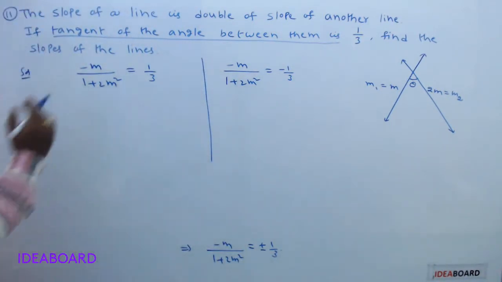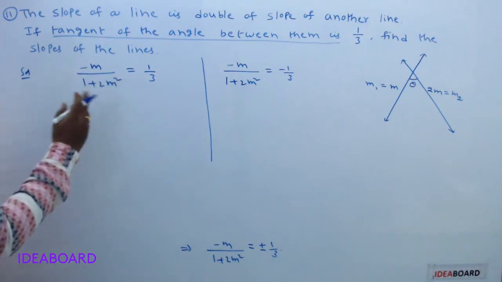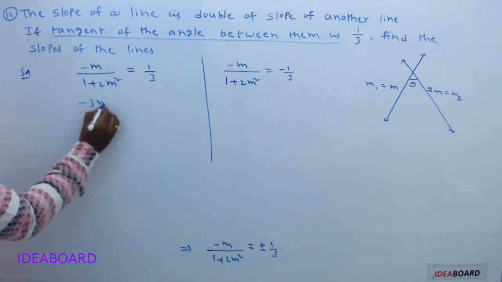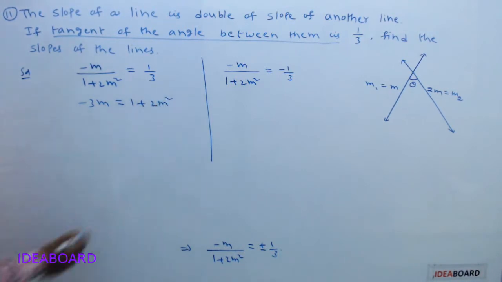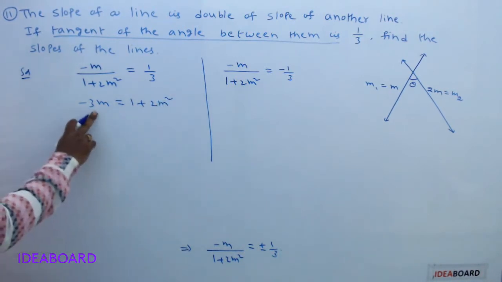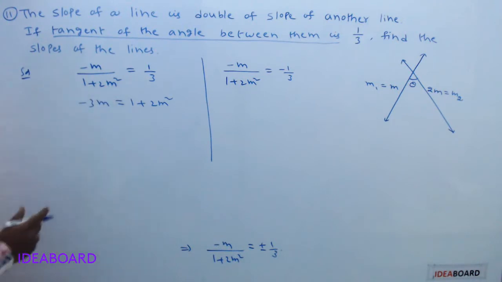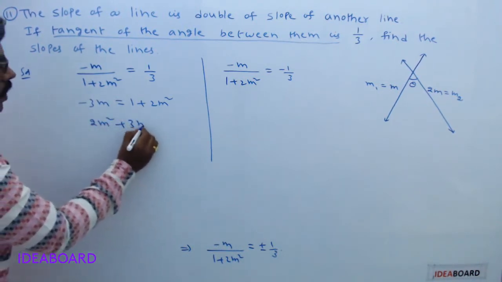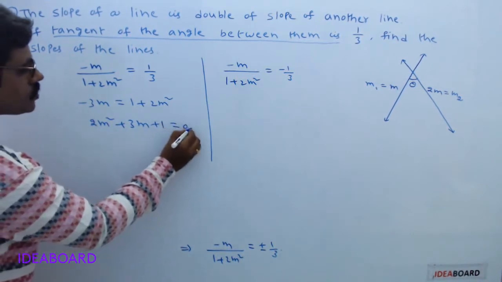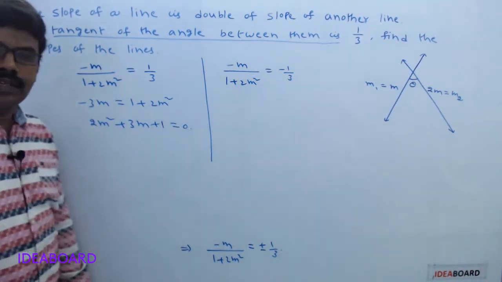Now take this equation, do the cross multiplication. Minus 3m equals 1 plus 2m square. Bring this minus 3m from LHS to RHS. 2m square plus 3m plus 1 equals 0.